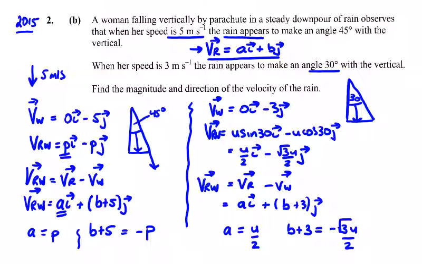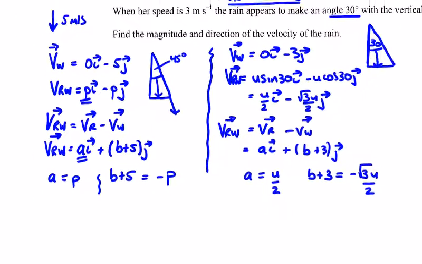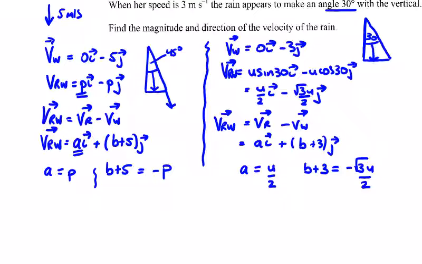So we have a, p, b, u, 4 unknowns, so we need to just get rid of a few of these here. Straight away we can say here that b plus 5, if a is equal to p, is equal to minus a. So if we want to replace this a, we can say that a is equal to minus b minus 5. So minus b minus 5 is equal to u over 2.